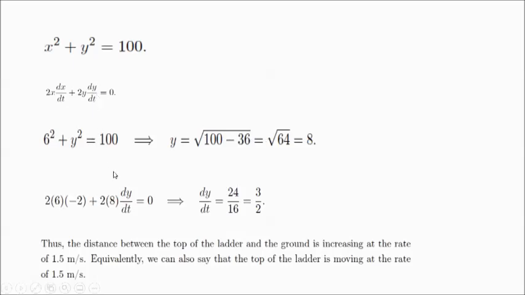Now, so pwede nang makuha yung dy over dt. So just sub all the given values. Pag ginawa yan, so makukuha 3 over 2. So therefore, the distance between the top of the ladder and the ground is increasing at the rate of 1.5 meters per second.